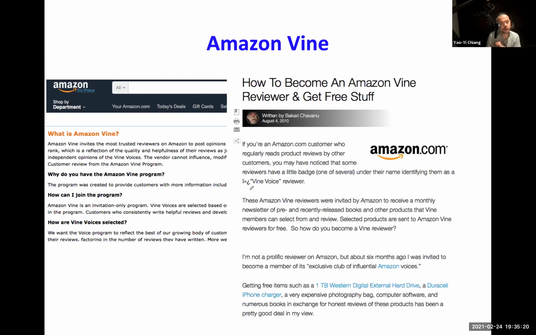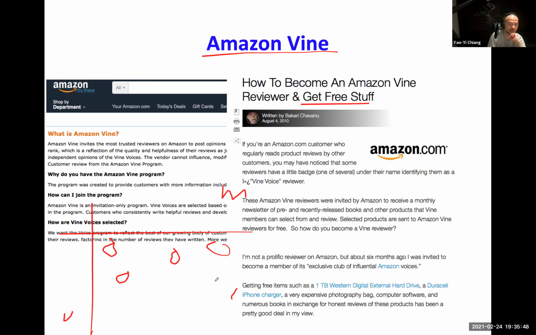But what would be a real problem for Amazon then? Well, think about this. If they want to pay you or send you free stuff to write a review, assuming that you write a very good review, so we don't question that. But the question is, remember this matrix. You have movies, you have users, you have many blank spots, and you have limited resources.